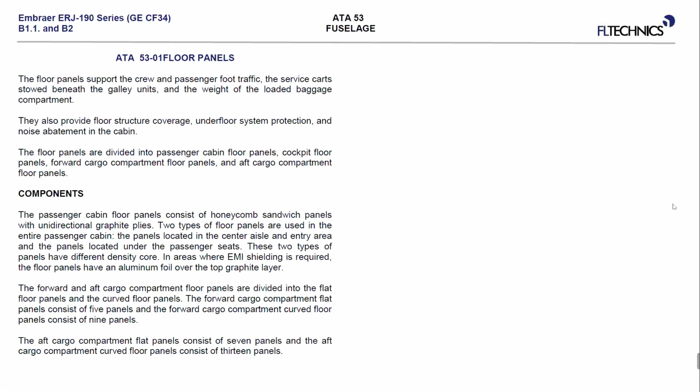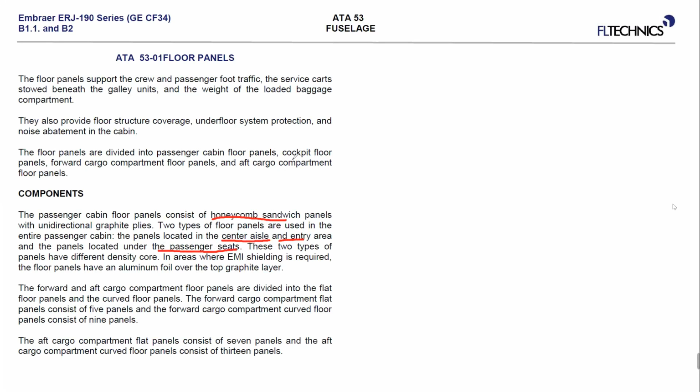The passenger cabin floor panels are honeycomb sandwich composite structure, honeycomb sandwich panels with unidirectional graphite plies. 2 types of panels are used in the passenger cabin. One type is located in the center aisle and the entry area, and the other is located under the passenger seats.